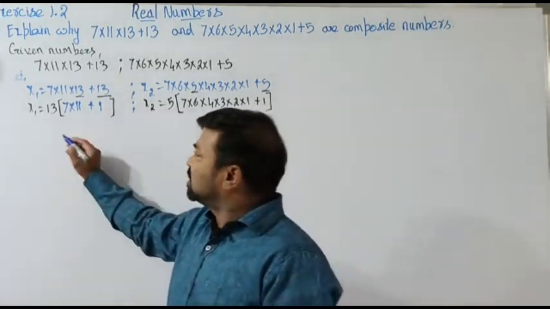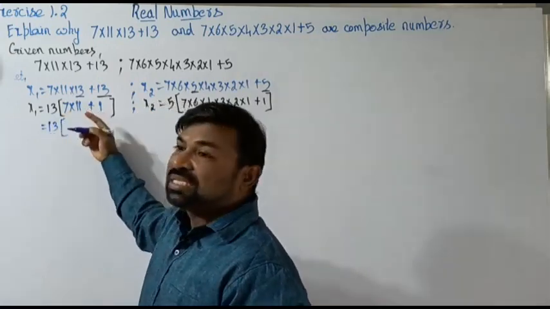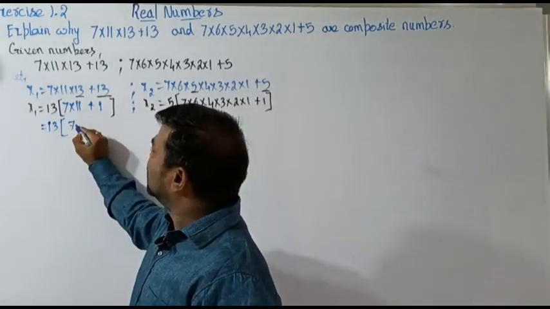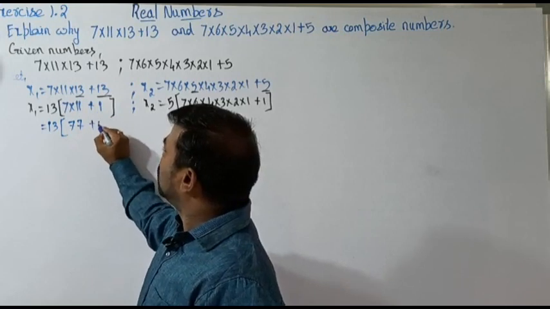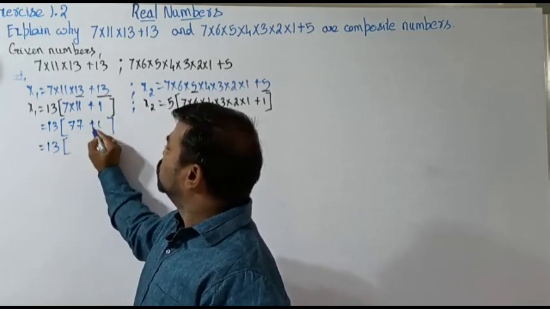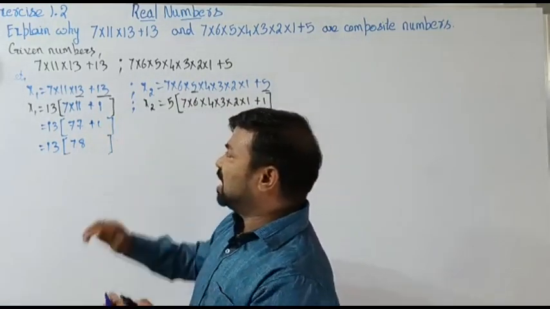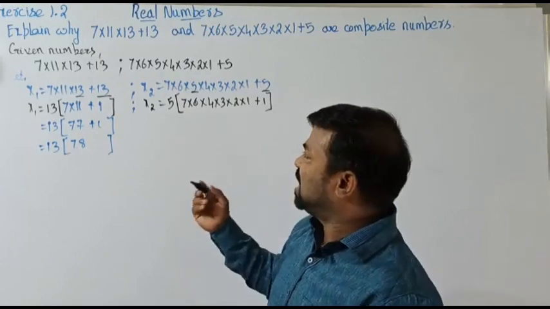So now I can write x1 as 13 into 7 elevens, which is 77, plus 1. If you simplify that, it's 13 into 78.